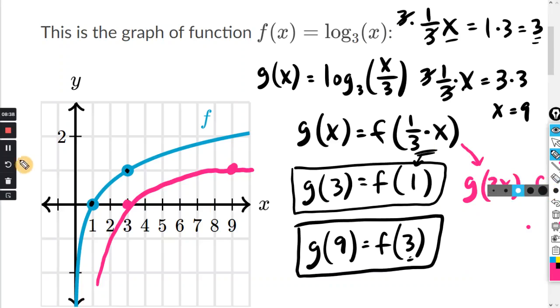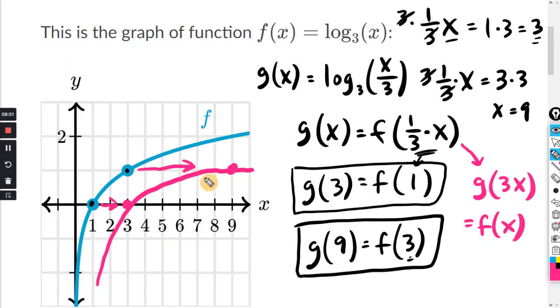That doesn't work. You can say g of 3x equals f of x. So you just take the x value of each of the points on f and multiply each one by 3. That's all. Anyhow, it passes through 3 on the x-axis, and it passes through 9 at y equals 1.